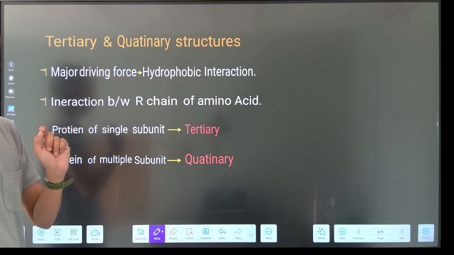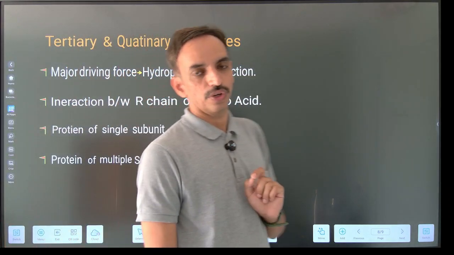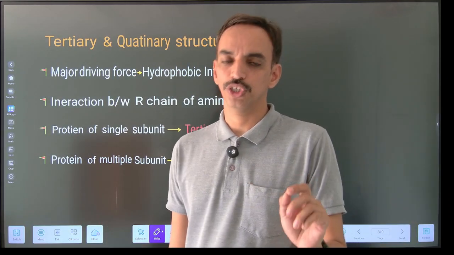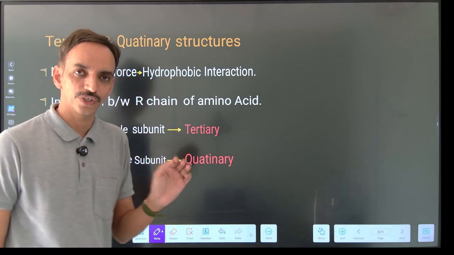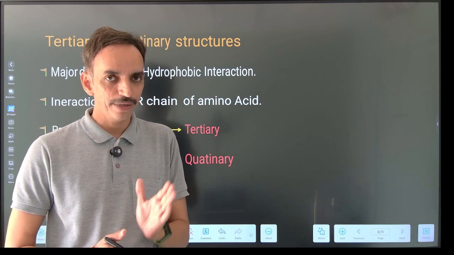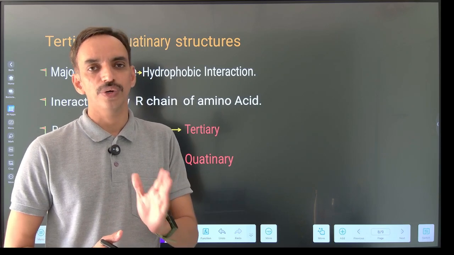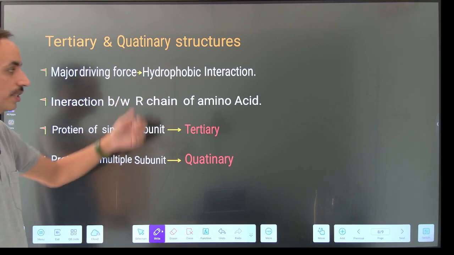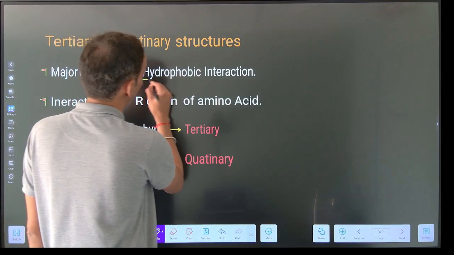Now we also have the tertiary and the quaternary structure of the protein. The folding of secondary structures over themselves leads to the formation of tertiary and quaternary structure. प्राइमरी स्ट्रक्चर स्टेबलाइज हो रहे थे कोवेलेंट बॉन्ड से, पेप्टाइड बॉन्ड से. सेकेंडरी स्ट्रक्चर स्टेबलाइज हो रहे थे हाइड्रोजन बॉन्ड, नॉन कोवेलेंट बॉन्ड से. While the tertiary and the quaternary structure are stabilized by the hydrophobic interaction.